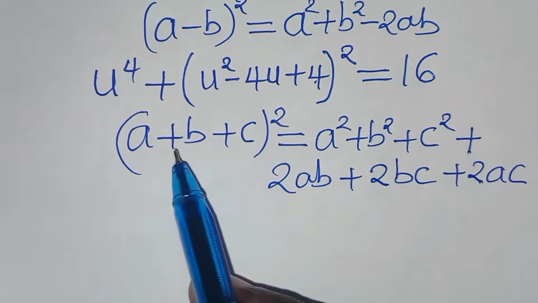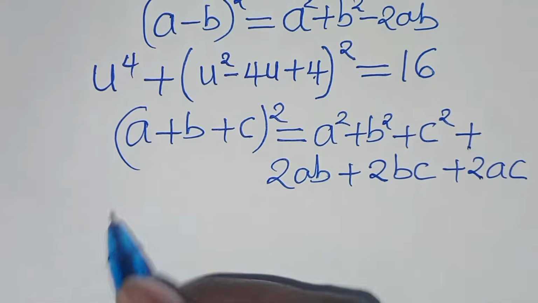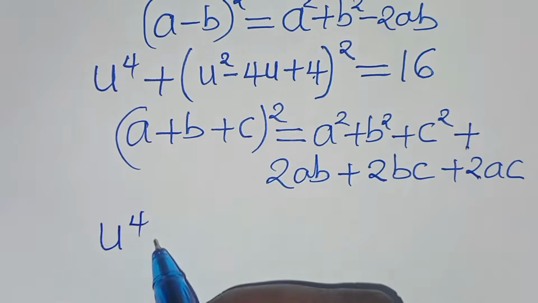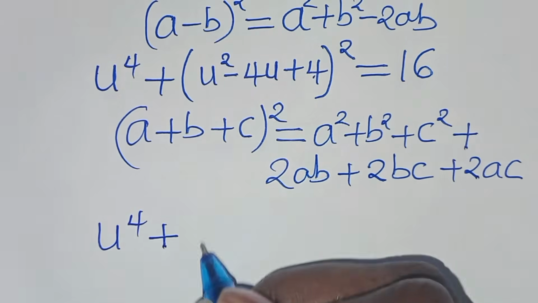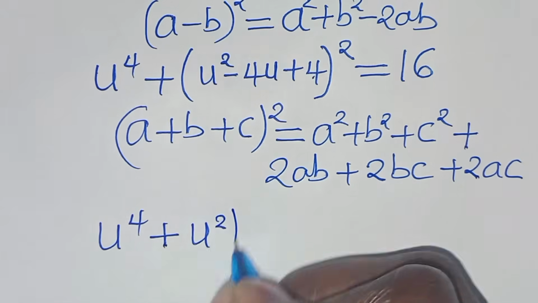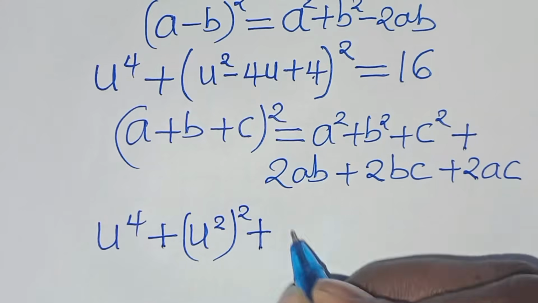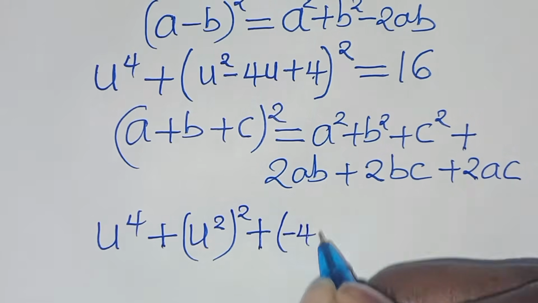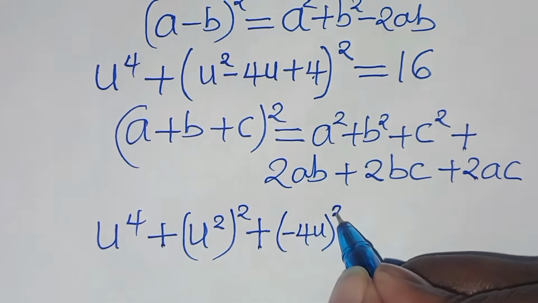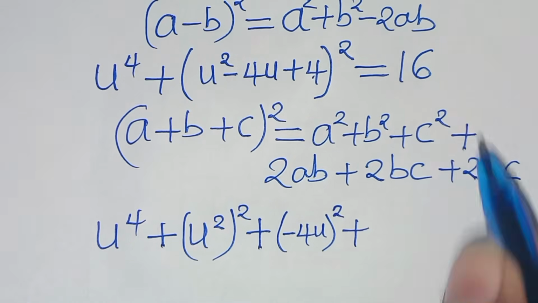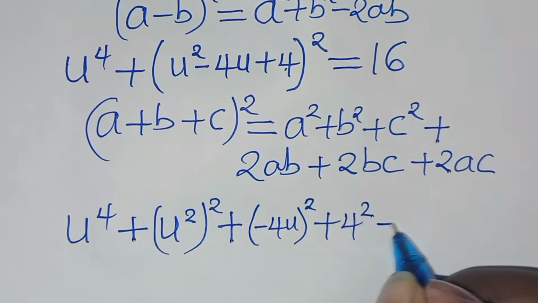Let's apply this property, so that now here we have u^4 plus (u^2)^2, then plus, here b is minus 4u, so this is squared, then plus c^2, which is 4^2.